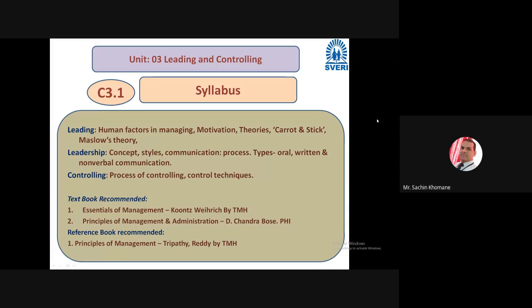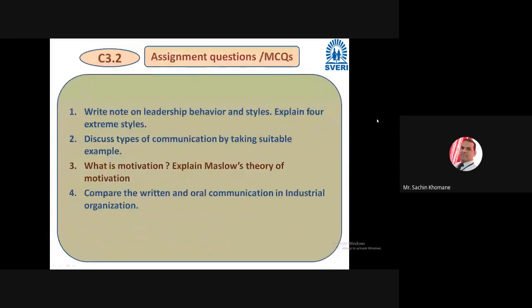Then assignment questions. There are 4 basic assignment questions which are asked in the university examination. The first question is: write a note on leadership behavior and styles. Explain 4 extreme styles. There are so many styles, but here they ask for 4 styles for 8 marks.